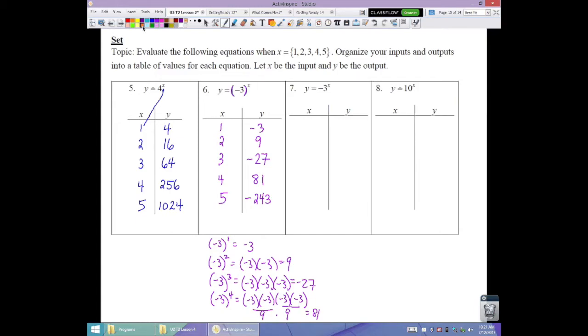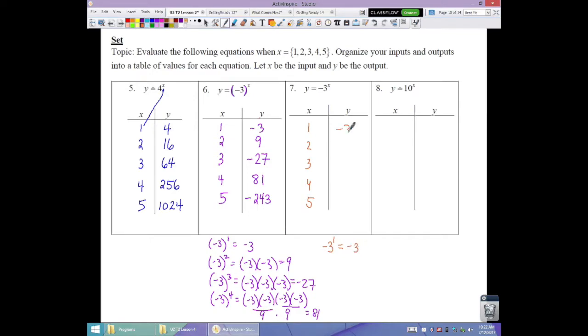Now, that is different from number 7, where there are no parentheses. So in number 7, when we substitute 1 for x, that's -3 to the first. Well, only the 3 has the exponent on, not that 1 is doing much, but it's only with the 3, not with the negative sign.